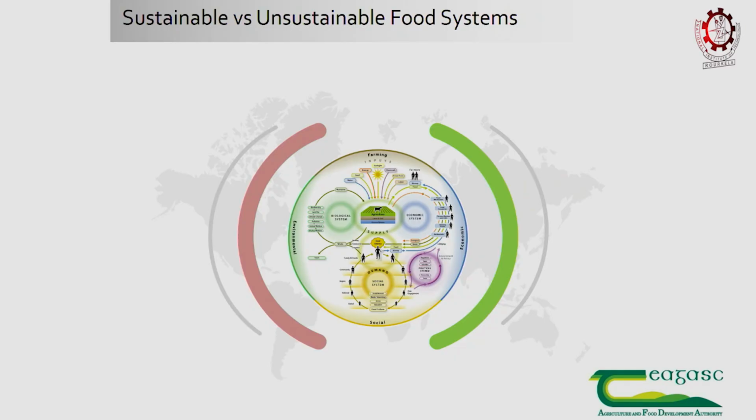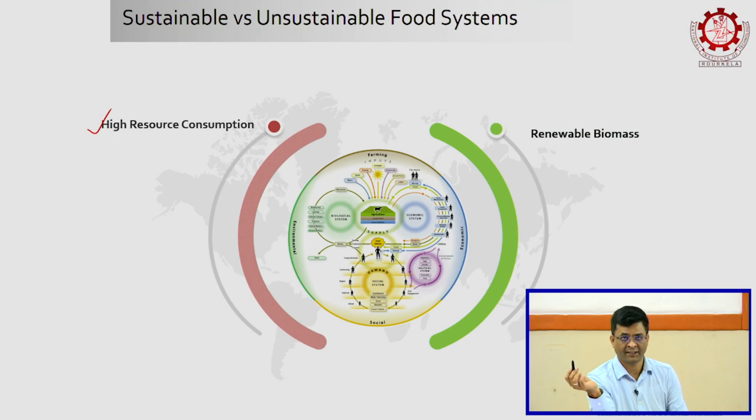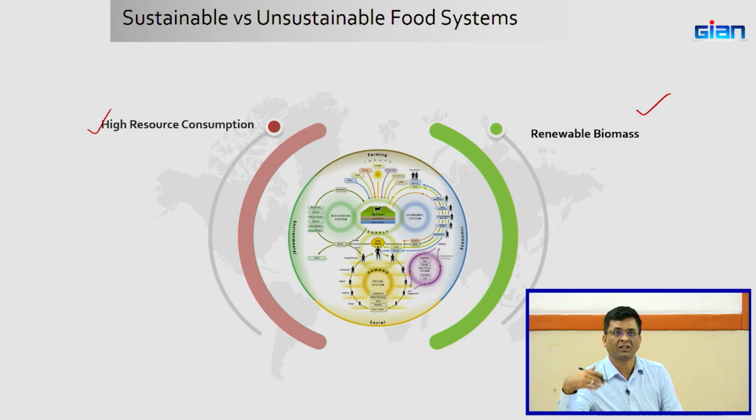So, how do we define a sustainable or unsustainable system? First point, an unsustainable system will focus on high resource consumption. Example, fossil-based fuels. Sustainable, we'll talk about renewable biomass. That means biomass that can be renewed, can be produced, or is produced constantly without much impact on other aspects.